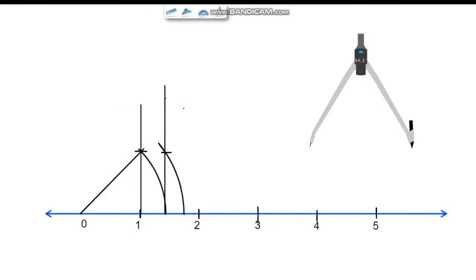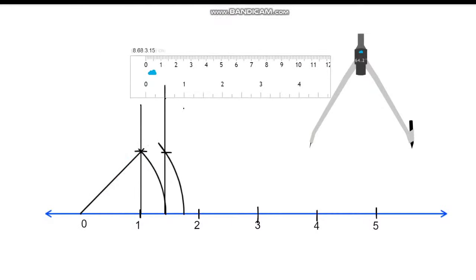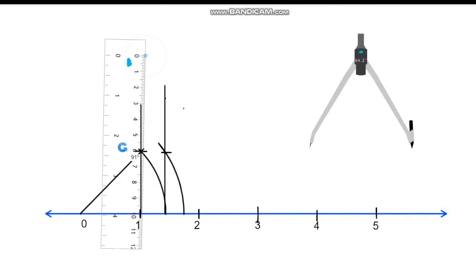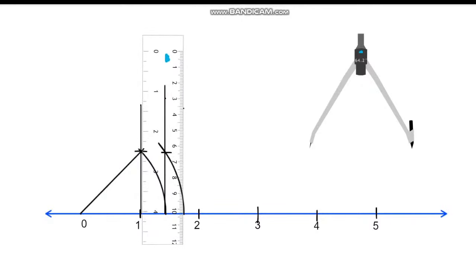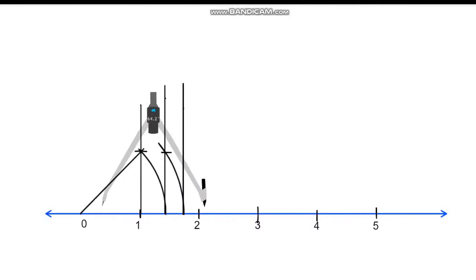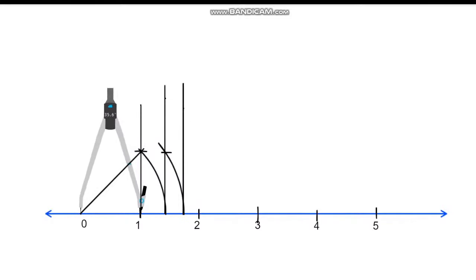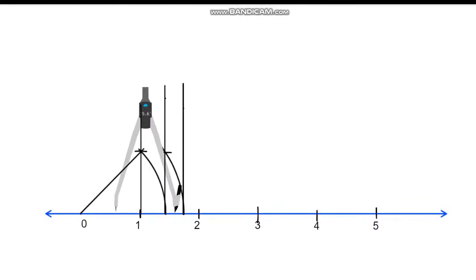So let us see here what happened. Don't forget to take unit distance.